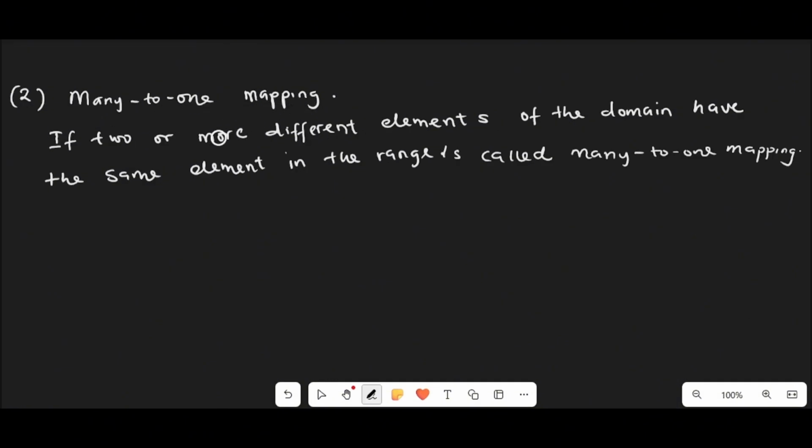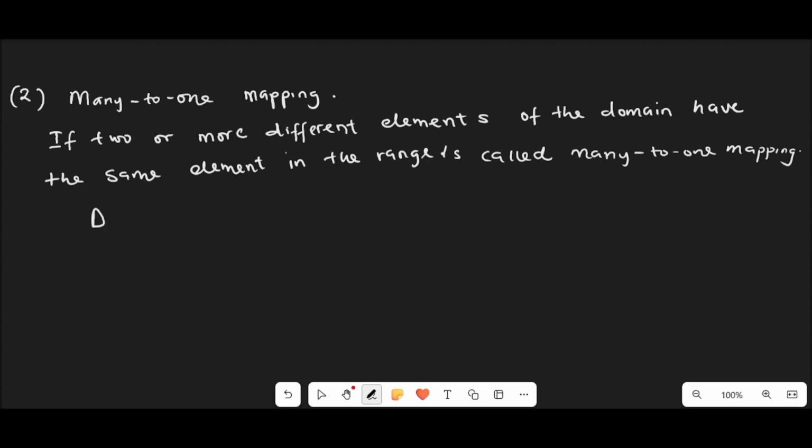Many-to-one mapping. If 2 or more different elements of the domain have the same elements in the range, it is called many-to-one mapping. Let us consider this example.